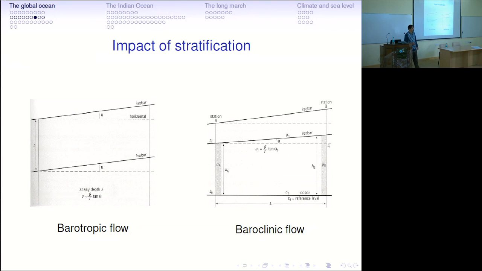Today, you can measure that kind of oscillation with a satellite. For many reasons it's practically impossible unless you had an island station where you could put a tide gauge. Near the coast, the tidal amplitude increases. But those flows are what are called barometric, in that, if you were to look at an isobar, it slopes up at the same angle, no matter where you go down. So if you have an angle theta of the surface, you find the same angle as you go down.